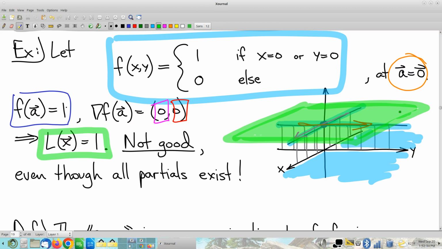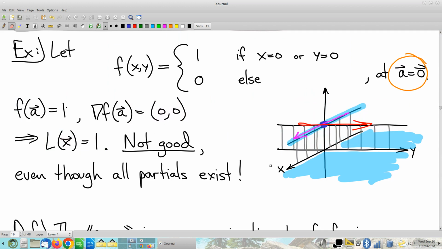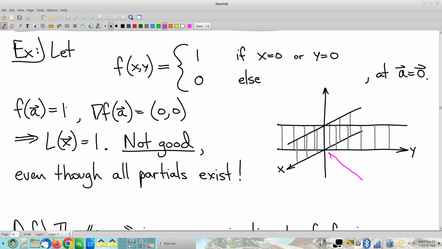The green linear approximation is just this flat plane up here at 1. So now with that in mind, and again, cleaning up so I can see better, let's think about what happens as I move toward the origin at an angle. Like that. Moving toward the origin where I never actually quite get to, of course.